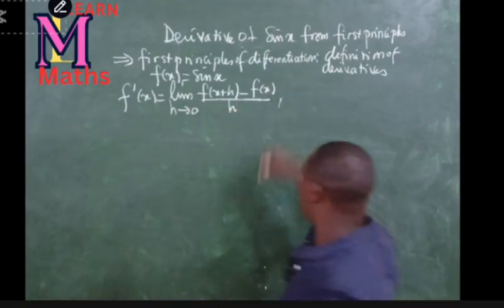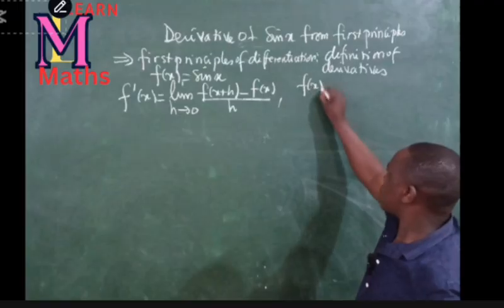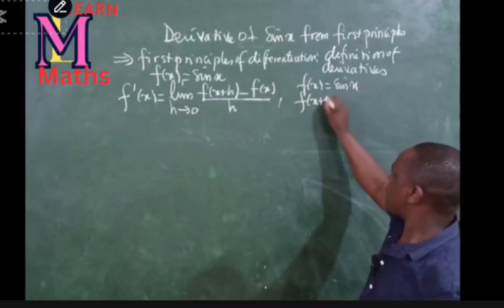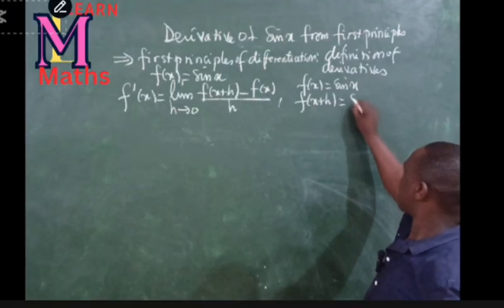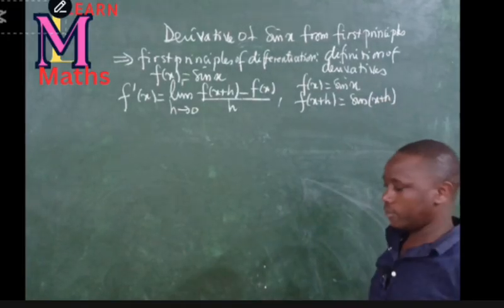In this case, we have f of x, which is sine x, and f of x plus h is sine of x plus h.